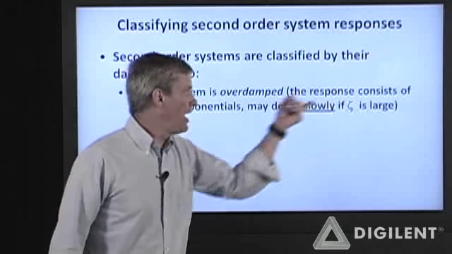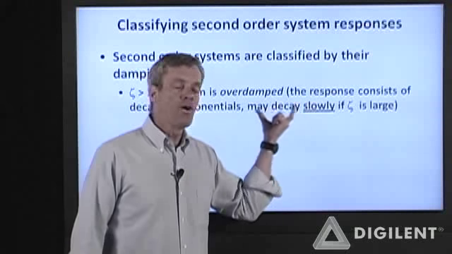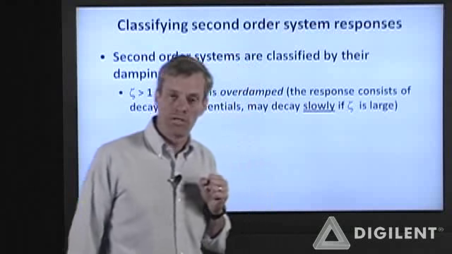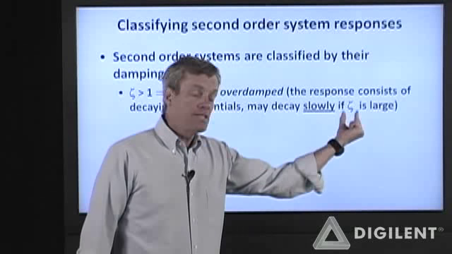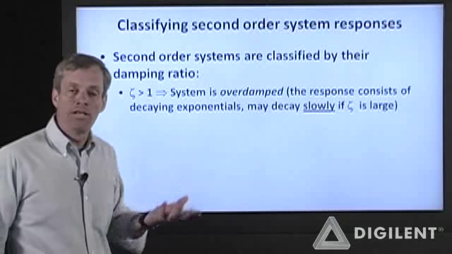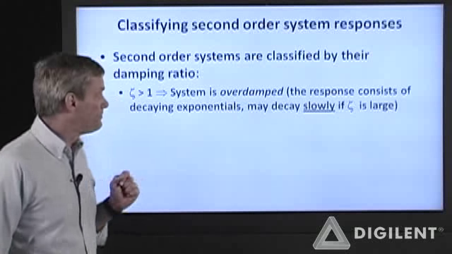So we had a response that consists of a pair of decaying exponentials. One of those may decay very slowly if the damping ratio is large. Thus, if the damping ratio is really large, it may take a long time for our initial condition to die out if the system is overdamped.